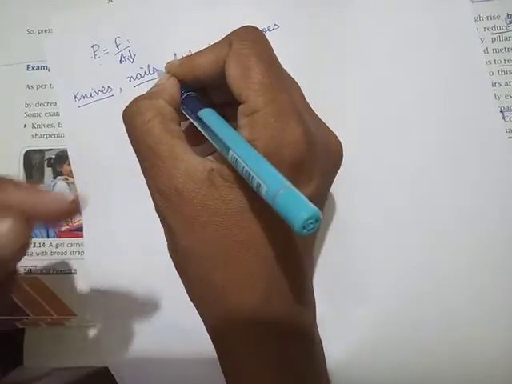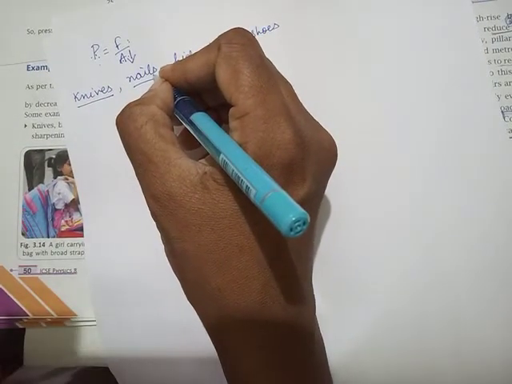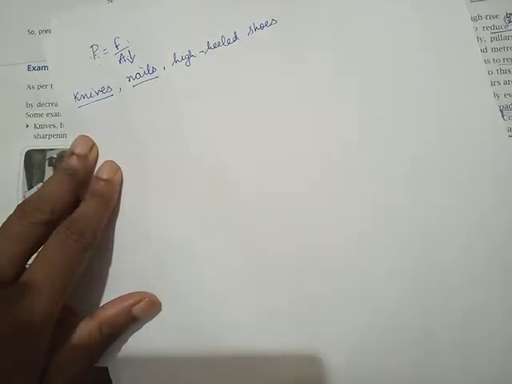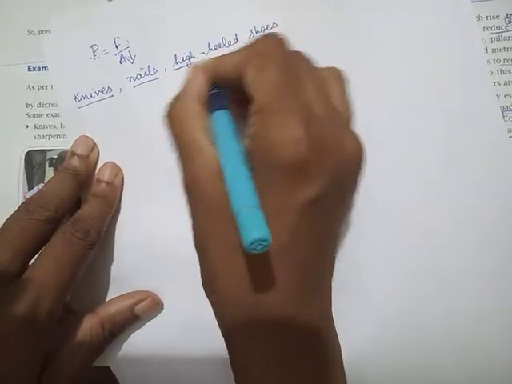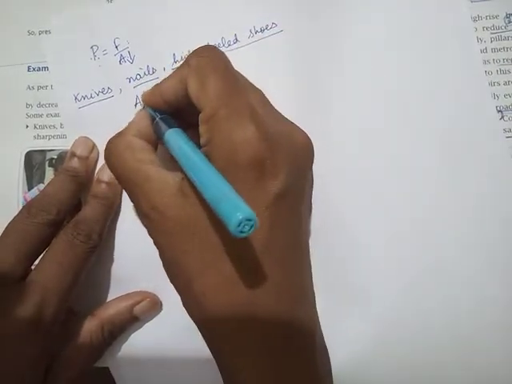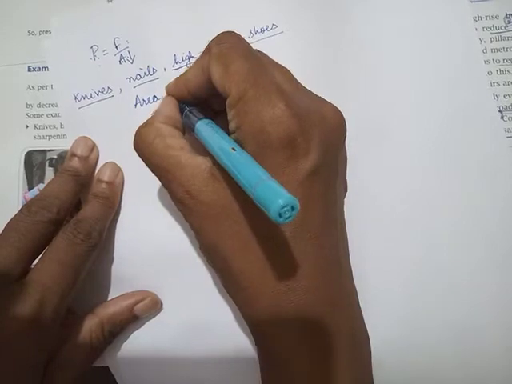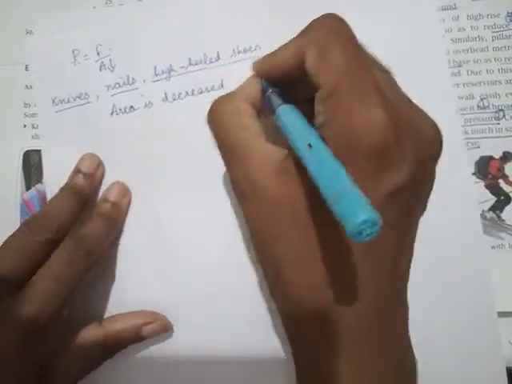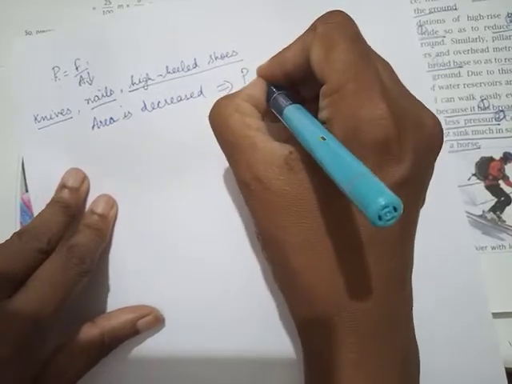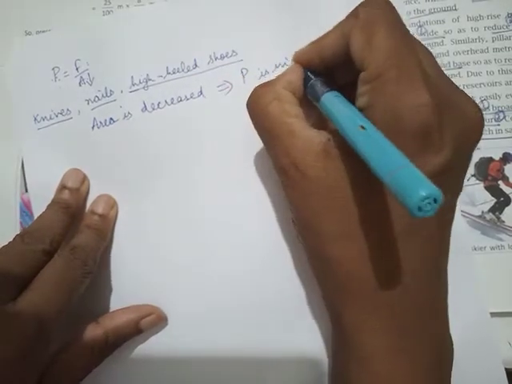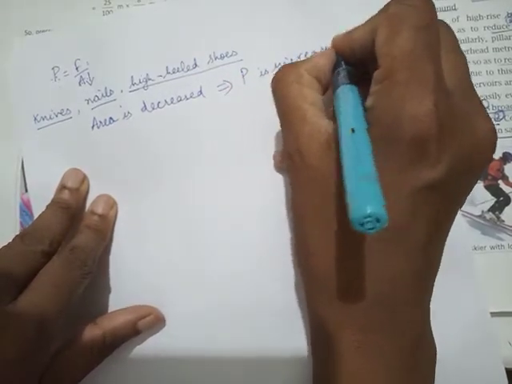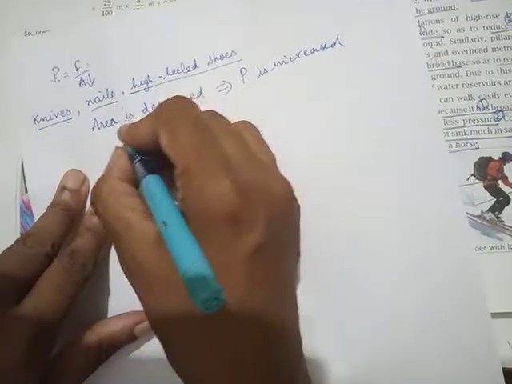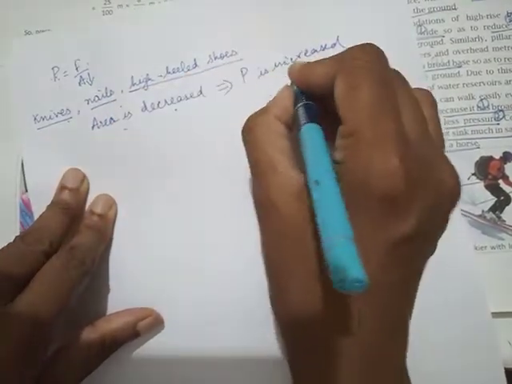Knives, the part is very thin, very sharp. Nails, the part that goes inside the wall, is very sharp. So in these three cases, area is decreased. So what happens? Pressure is increased.